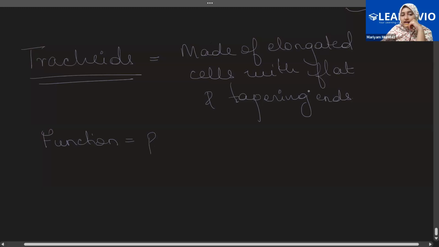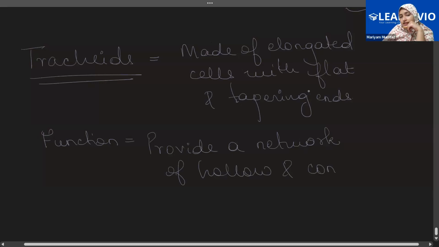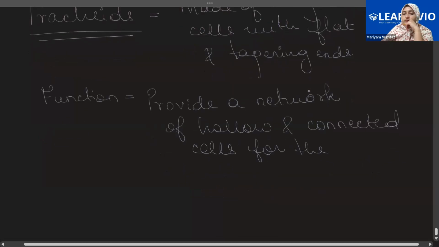So the tracheids provide a network of hollow and connected cells for the transportation of water.